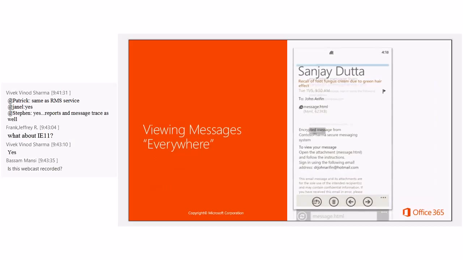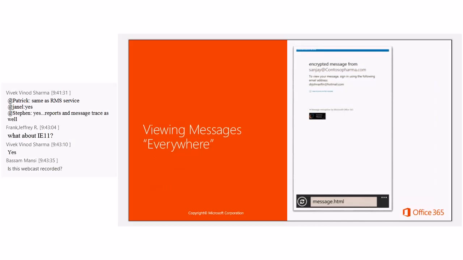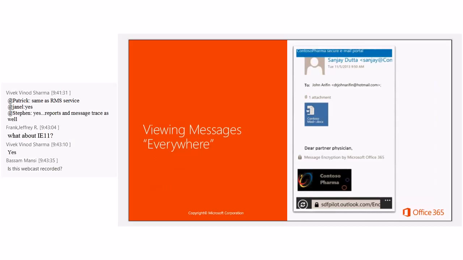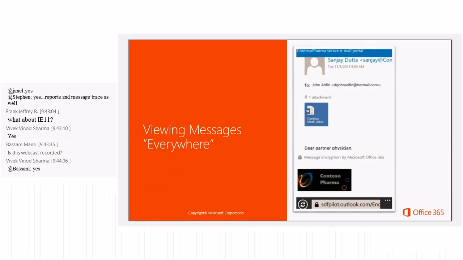And the same process applies. When you open it up, you're prompted for authentication. And then once you provide the appropriate authentication, you're directed to the portal where you can actually view your encrypted message. And that's what's really cool about it, is that you don't have to worry about what kind of client you're sending it to. As long as they have a browser, they should be able to view the encrypted message.